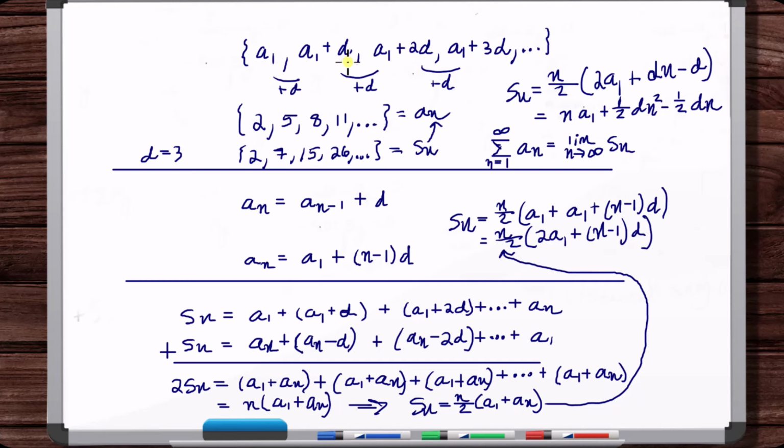So the common difference is positive. That's just going to go to infinity. That doesn't converge to anything. If the d is negative, that's going to go to negative infinity. And if the sequence is going to infinity, then summing all the terms of the sequence will also go to infinity, right? You can think about that intuitively. Okay, so that's arithmetic sequences.